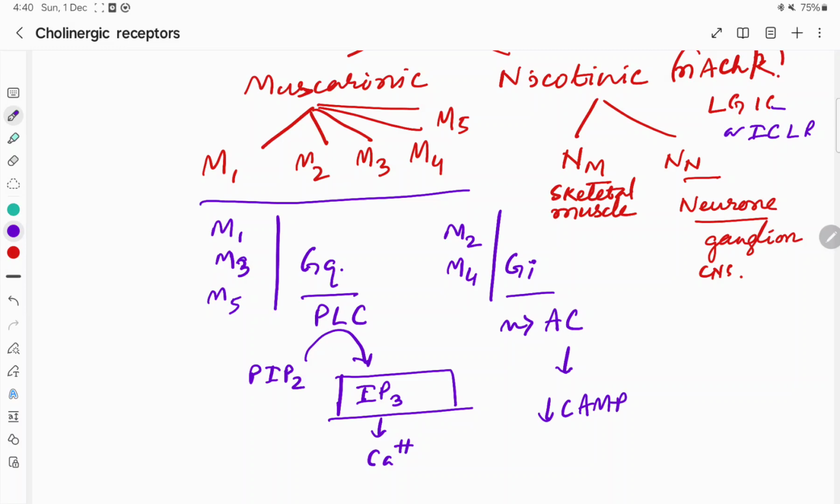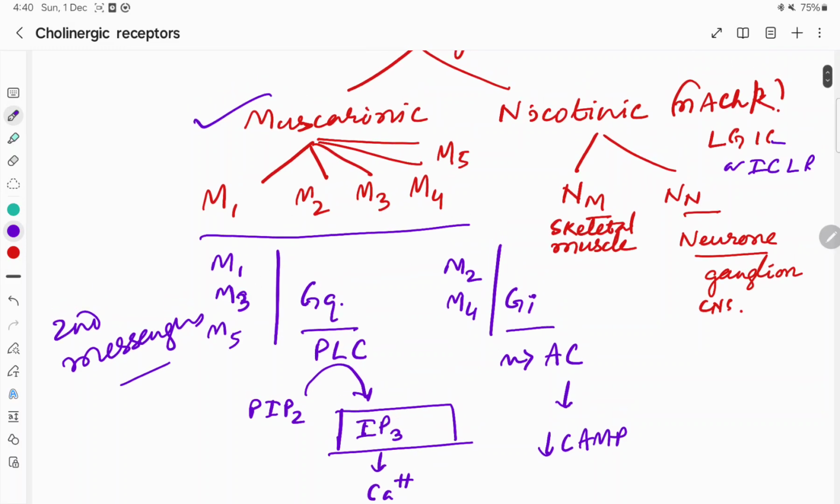So the muscarinic receptors act through second messengers as G protein coupled receptors, whereas these 2 nicotinic receptors are ion channel linked receptors, and mainly they are linked to the cation channels, that is sodium, potassium and calcium.